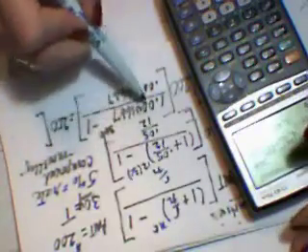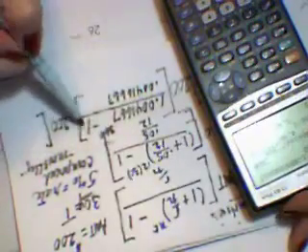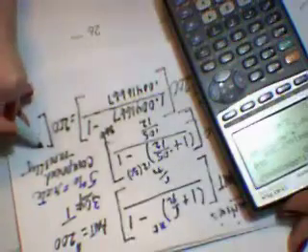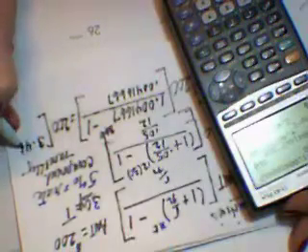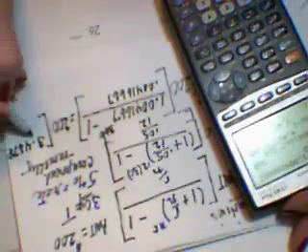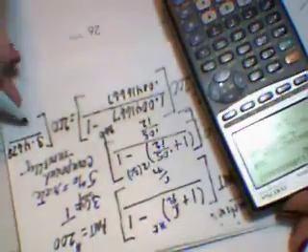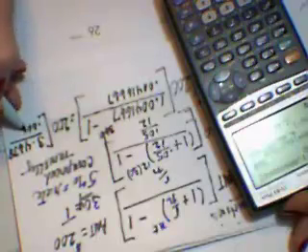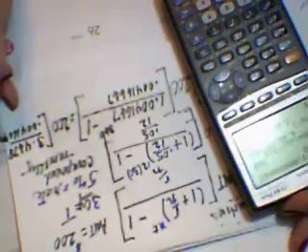So when I take this raised to 360 power minus 1, I get 3.4678. And I'm going to divide that by 0.004167.